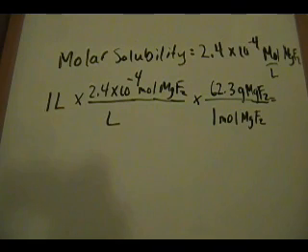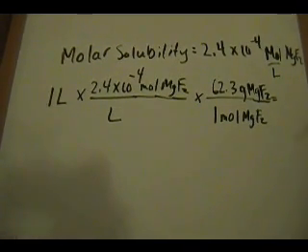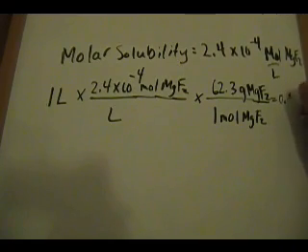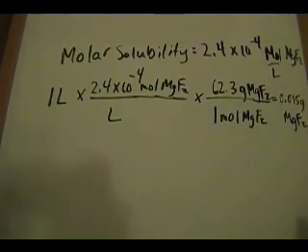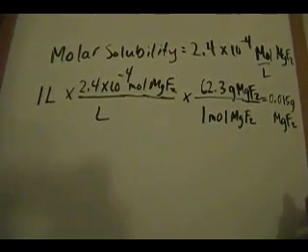Let's calculate this: 2.4 times 10 to the negative 4 times 62.3 is equal to 0.015 grams of magnesium fluoride. So that should make sense.